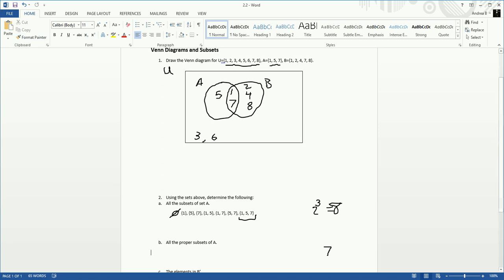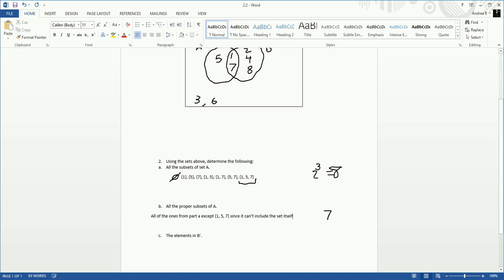So I'm going to write down below, instead of copying them all down again, this would be all of the ones from part A except for our set 1, 5, and 7, since it can't include the set itself for a proper subset. Subsets it can, but proper subsets, the only one it does not include is the set itself, which was 1, 5, and 7 for set A.